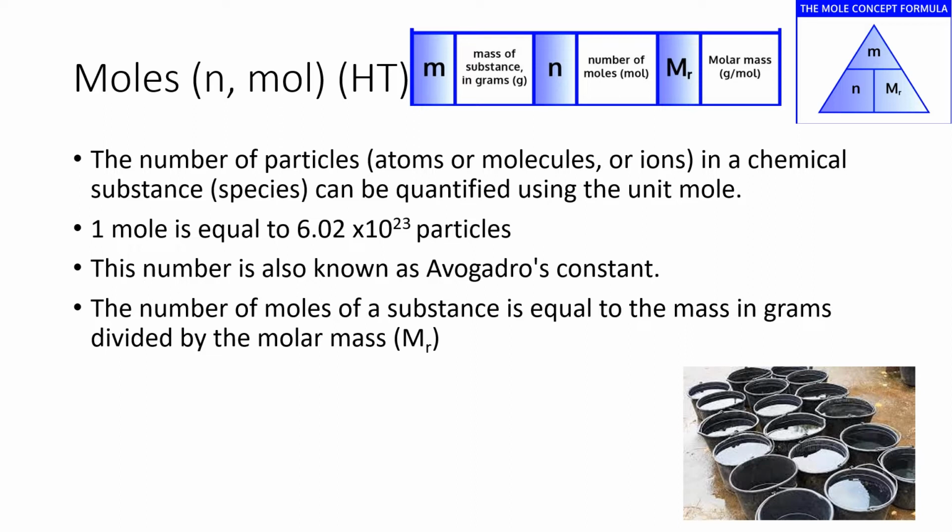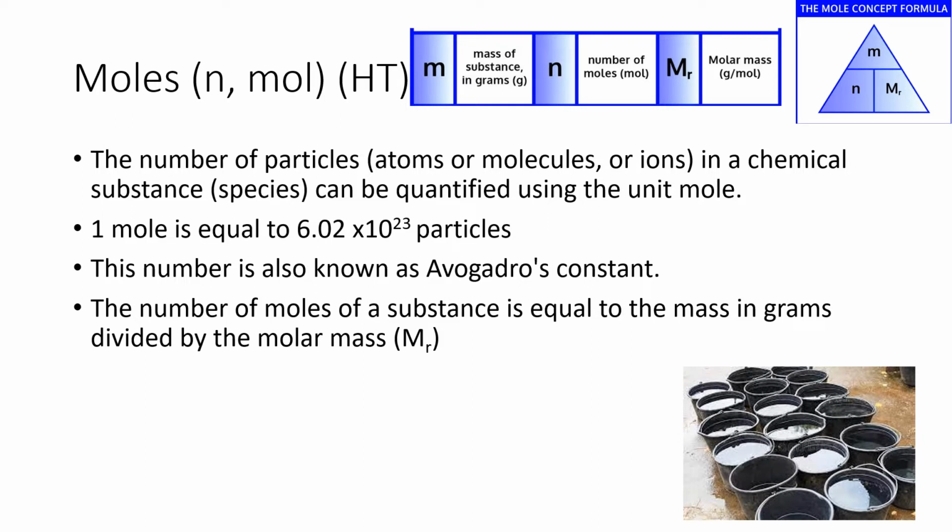On the screen at the top, you can also see the equation to calculate a mole. So you can actually work out the number of individual chemical particles such as atoms, molecules or ions if you really wanted to. You would need to know the mass in grams. You would need to know the molar mass, which is like the formula mass, relative formula mass that we've just calculated.